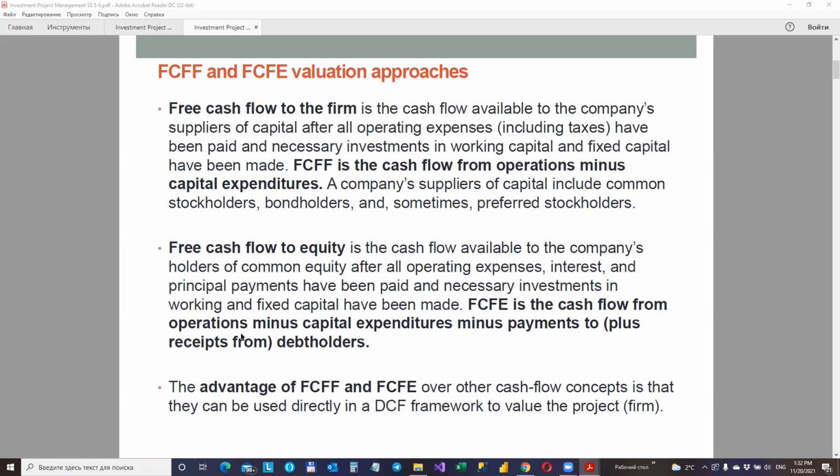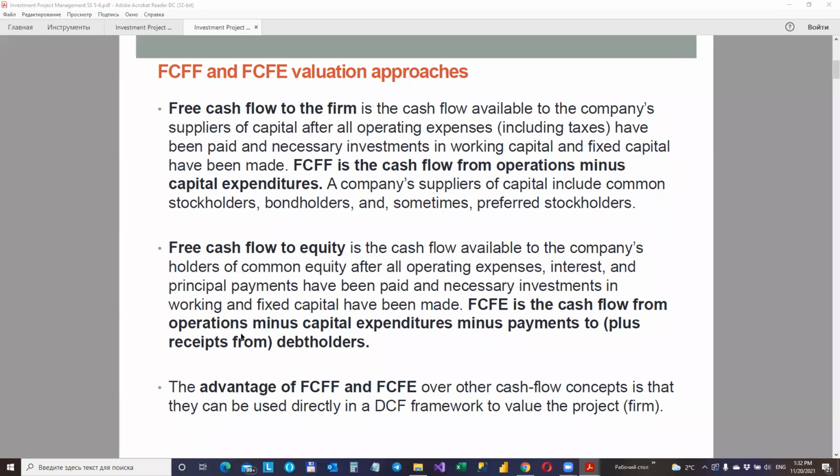Although a company reports cash flow from operations, CFO, on the statement of cash flows, CFO is not free cash flow. Net income and CFO data can be used, however, in determining a company's free cash flow.